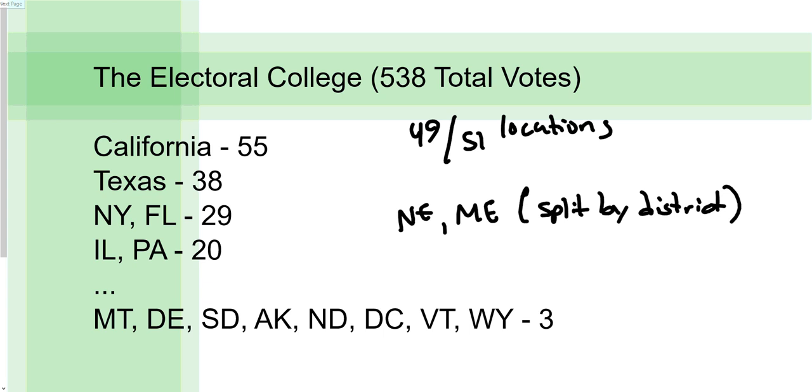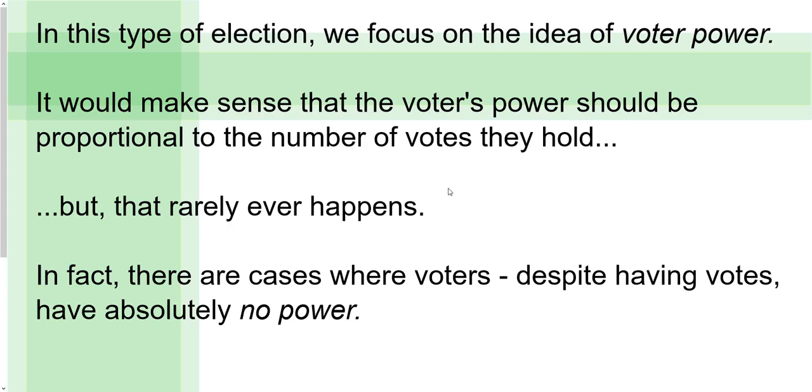In this type of election, we're going to focus on the idea of voter power. We wish to know, given a certain situation, how much power does a voter actually have? Sometimes a voter has all the power, sometimes a voter has no power to influence the outcome.